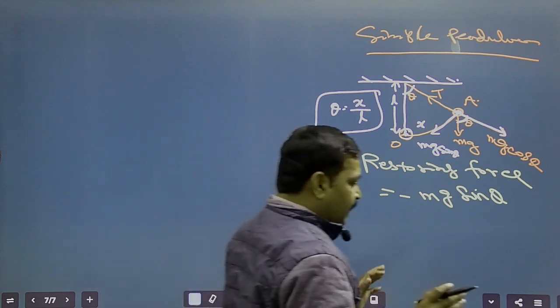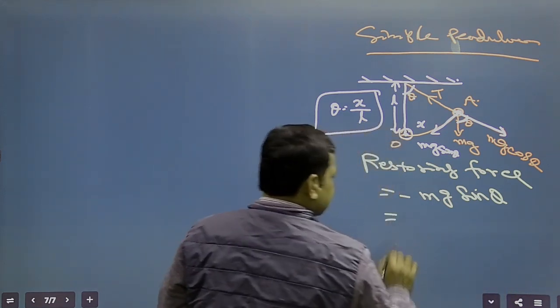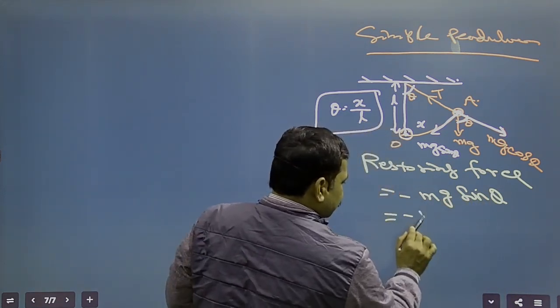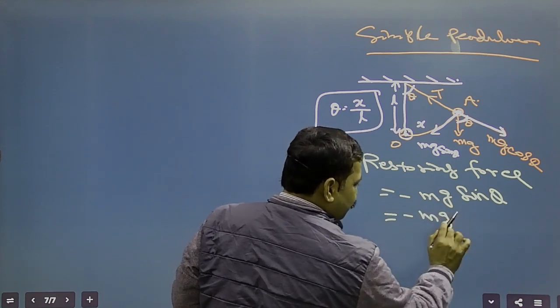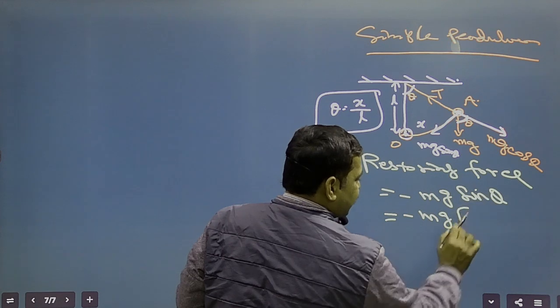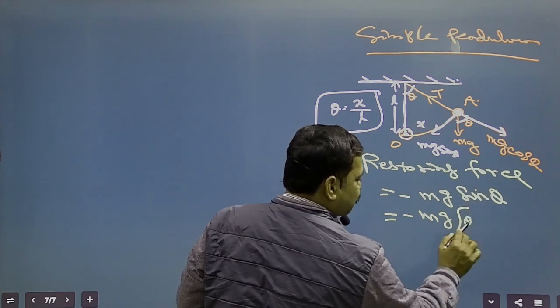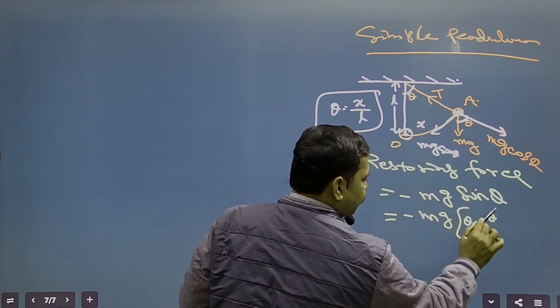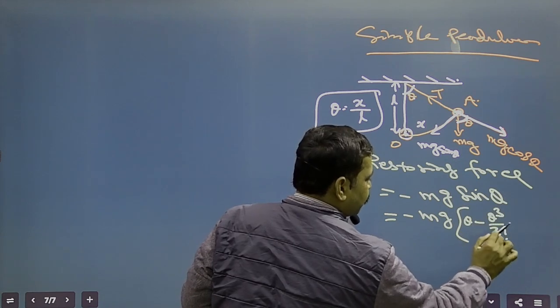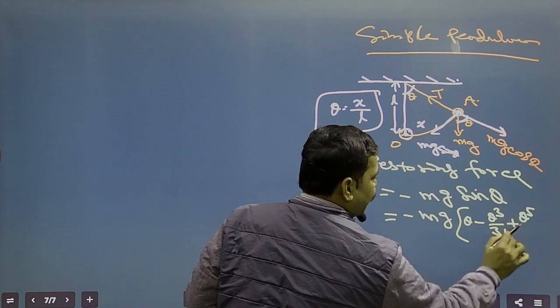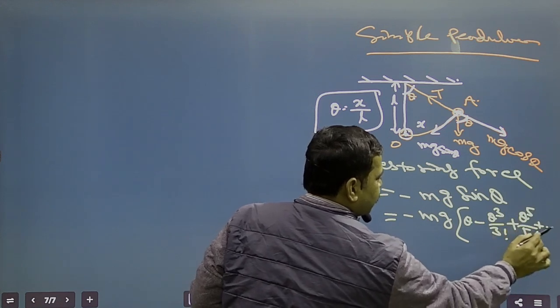Similarly you see here this sin theta, we can do its expansion. We know in trigonometry that sin theta can be expanded in the form theta minus theta cube by 3 factorial plus theta to the power 5 by 5 factorial, like that.